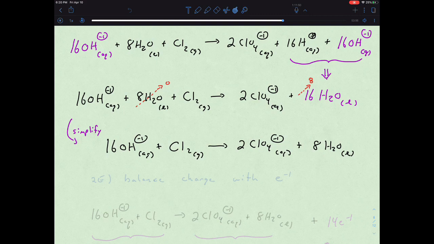You might ask the question of why do I need this? Why do I need to add the same number of hydroxide as protons, etc.? What's the big deal? We'll realize that for steps 2A through 2C, we're kind of just under acidic conditions, if you will, right? We add protons to balance out hydrogen atoms, and that's really an acidic idea, protons, right?